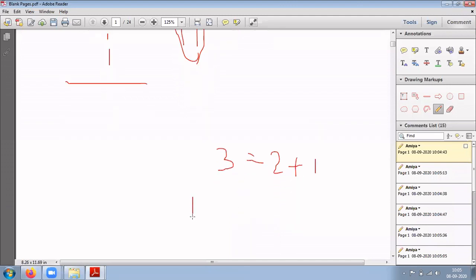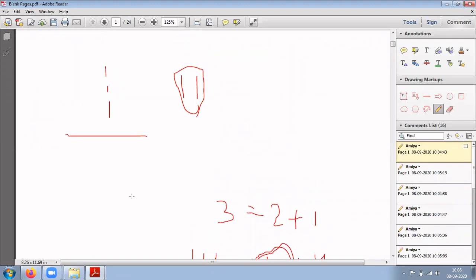Like I told you, in 14 I write 10 plus 4. In the decimal system, 10 sticks is 1 bundle or 1 unit. It has multiples, 10, 100, like that. Similarly in binary, 2 is 1 unit.